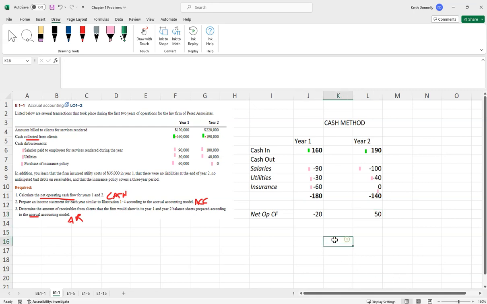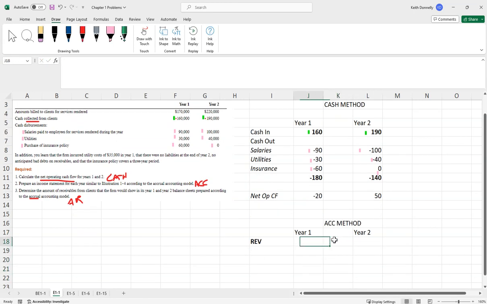Let's look at it under the accrual method. It's an accrual world. Accounting joke for you guys. So when we deal with accrual method, we don't have cash in and cash out. We have revenues and expenses. Let me move that down because again, we have to do year 1 and year 2. Here we have to see what income we earned.